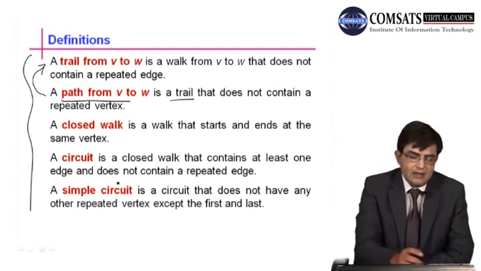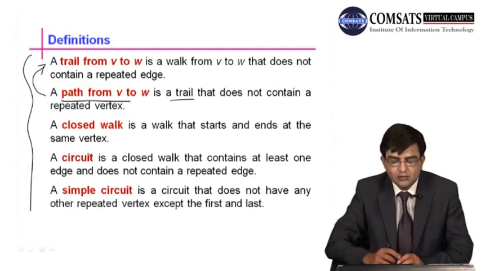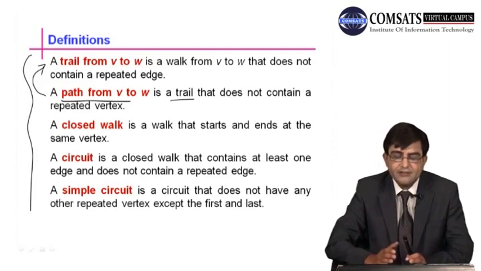So next is a closed walk. What is a closed walk? A closed walk is a walk that starts and ends at the same vertex. Here it's basically a sub-definition of a walk.